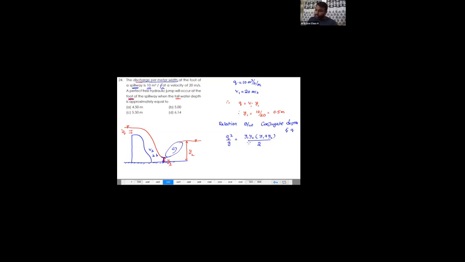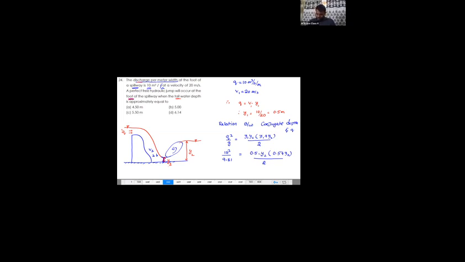Now from this, we know the discharge. Discharge is given as 10, so 10 squared by g value 9.81 equals y1, 0.5, into y2 into (0.5 plus y2) by 2. Send these entire values to the other side.